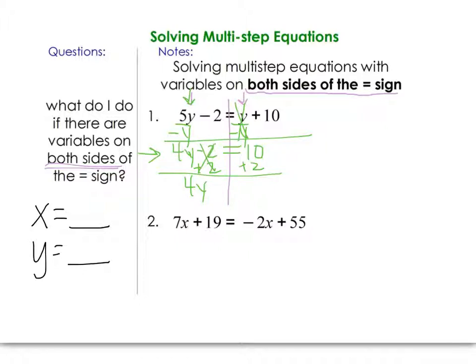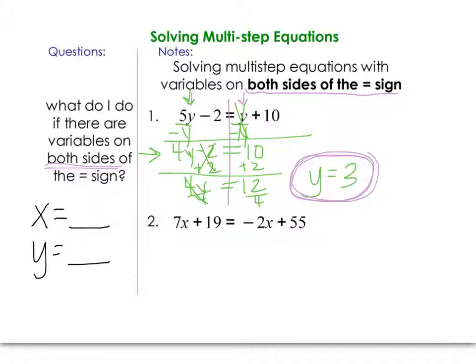Those 2s cancel, equals 12. Divide both sides by 4. y equals 3. Your final answer, your variable should be all alone, and it should equal one number.